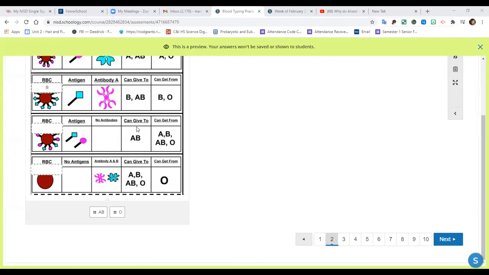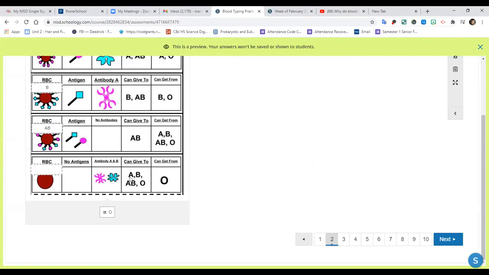It can give to AB, of course. And it can get from, however, it's a universal recipient, because it could get from A, from B, from AB, or O. Very good. This one would be AB.